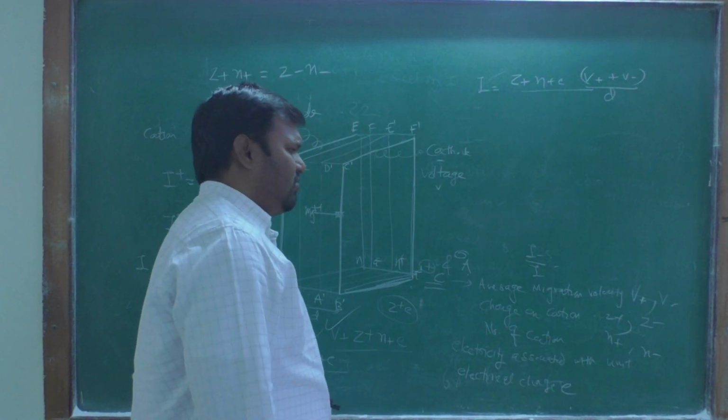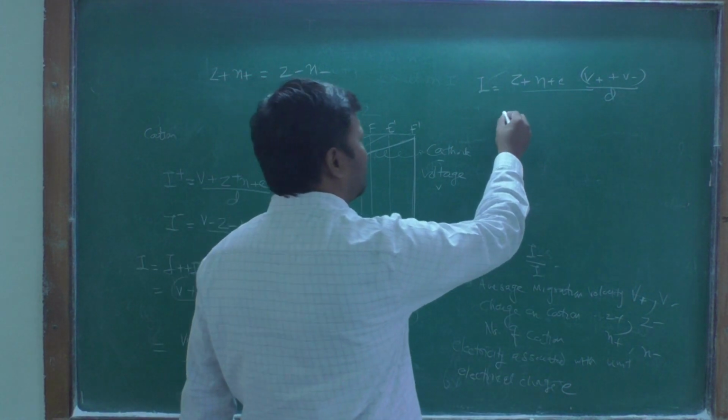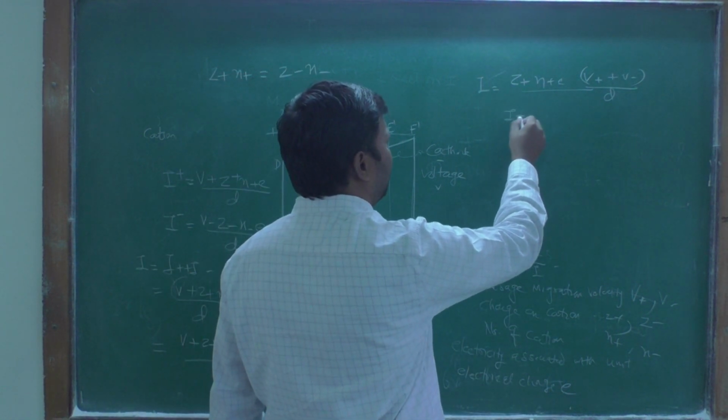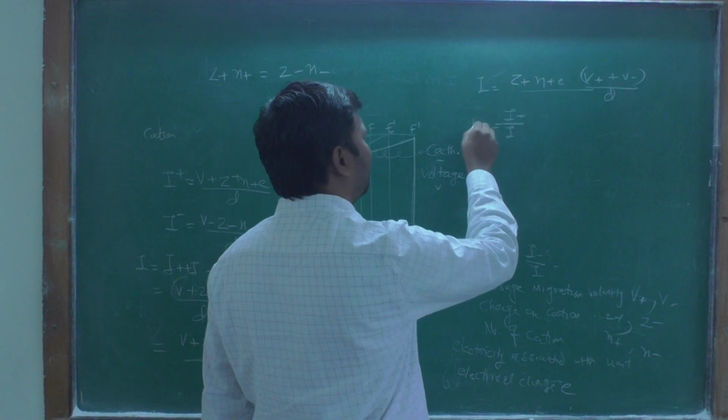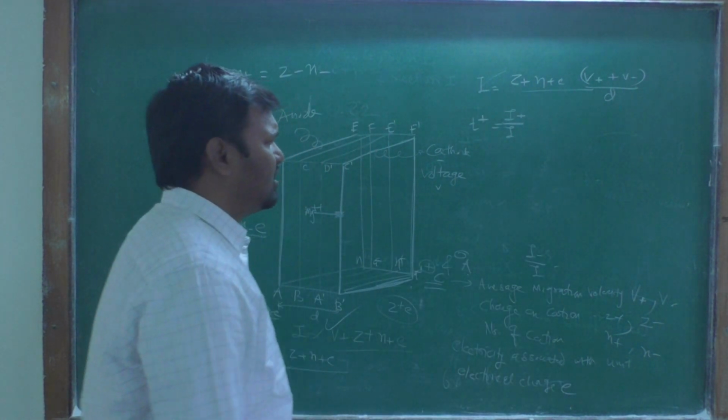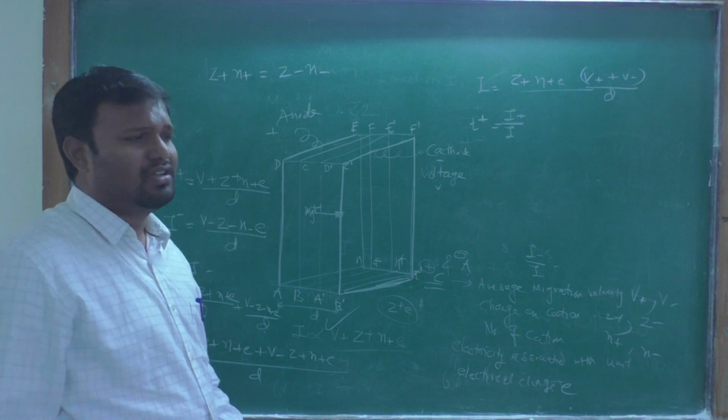Therefore we know that the transference number is given by I plus upon I, that is t plus. Small t plus is the transference or transport number.